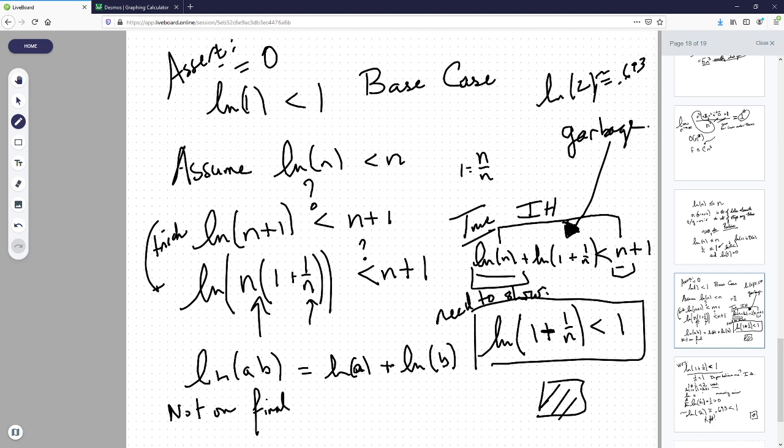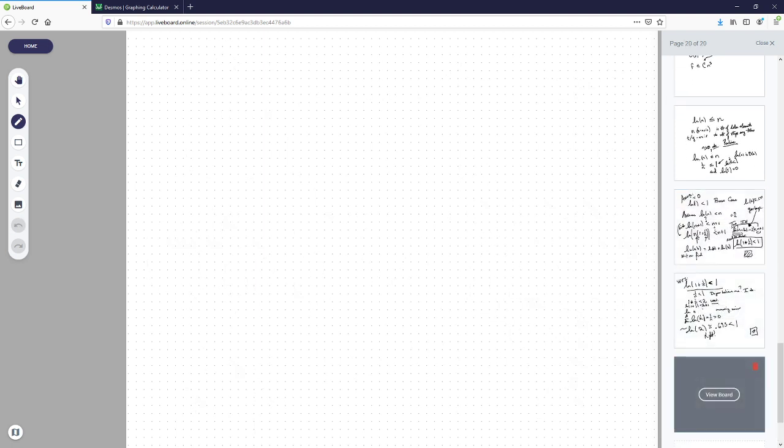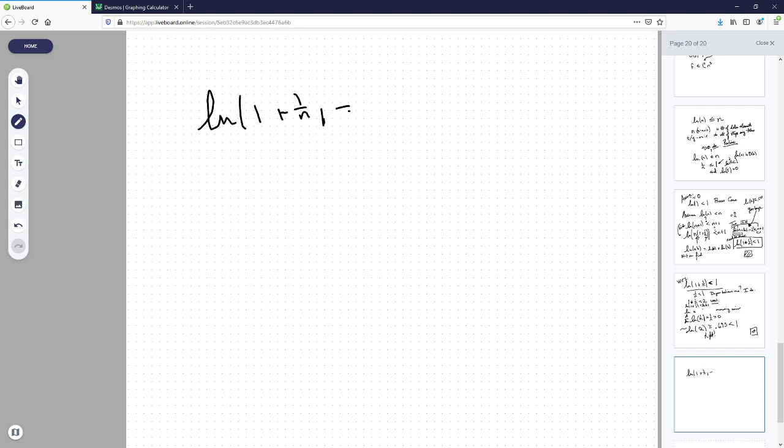I'm not going to lie and say the natural log of 1 plus 1 over n is some great term. You could always do some horrible thing and look at its Taylor series or something. Like, the natural log of 1 plus 1 over n is equal to, what is it equal to?